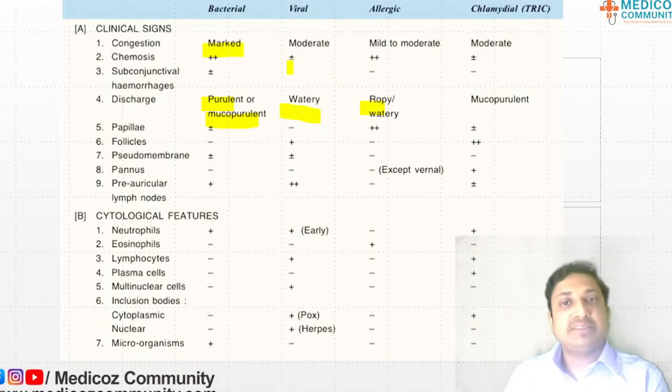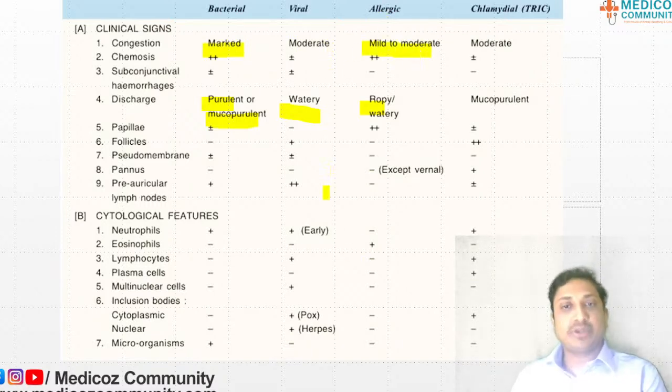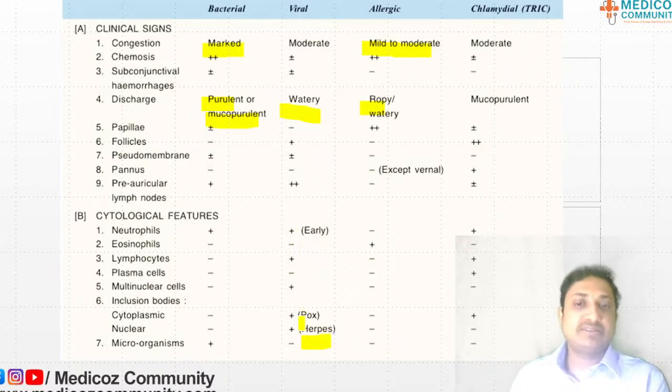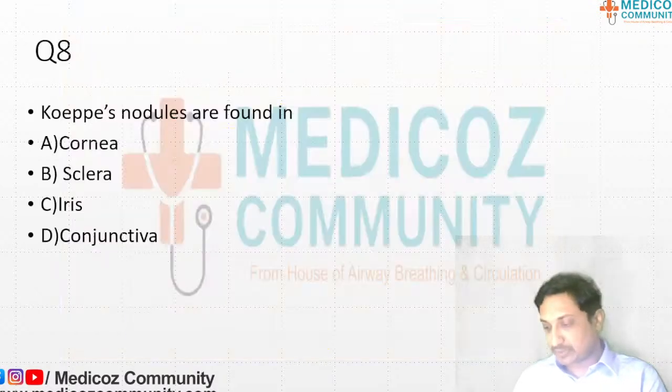And in viral, the signs will be more than symptoms. In allergic conjunctivitis, signs will be mild to moderate. If you see the cytological features, you will find neutrophils in bacterial, or inclusion bodies in herpes-like diseases or pox when it is viral. So you need to know some basic clinical features of conjunctivitis like what we have discussed.